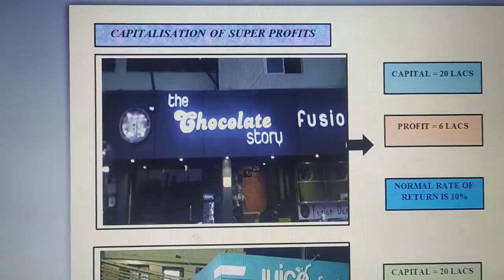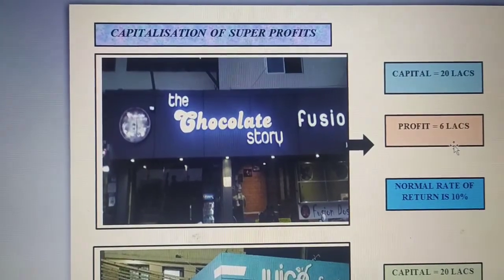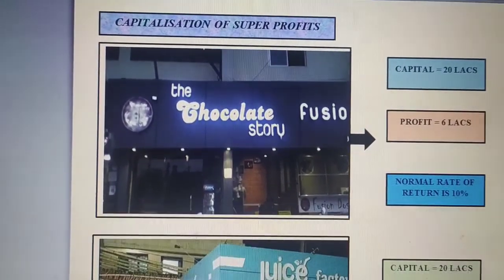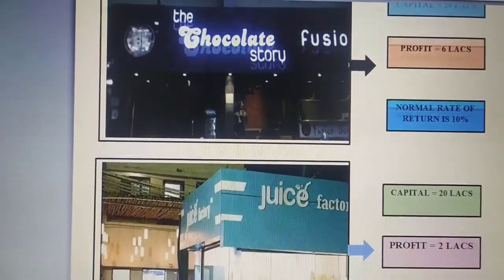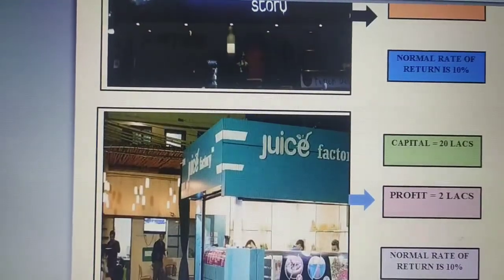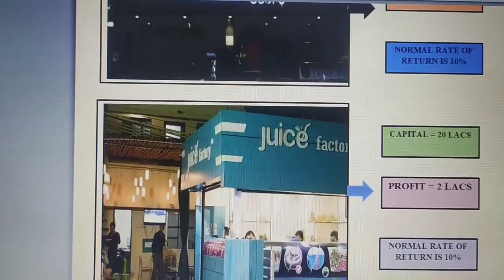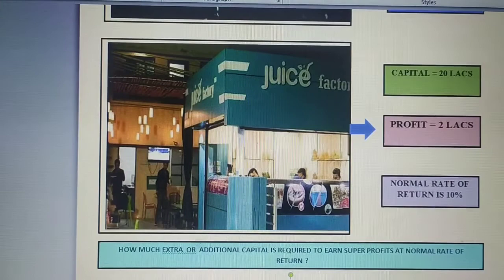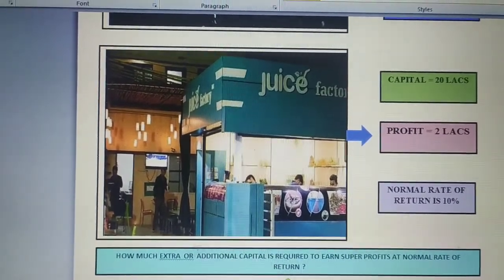Now, if you see Chocolate Story's profit, which is 6 lakh, which is more than the Juice Factory's profit. And what is the formula of super profit? As we have already discussed in our previous class, super profit is the excess of profit over normal profits.